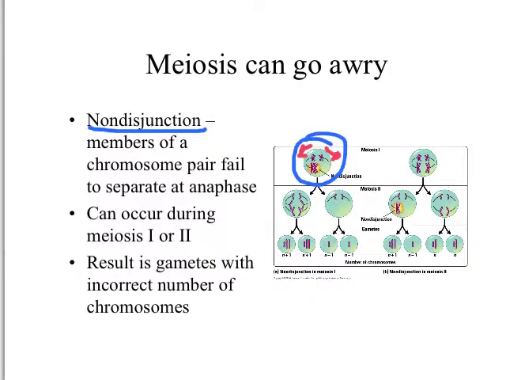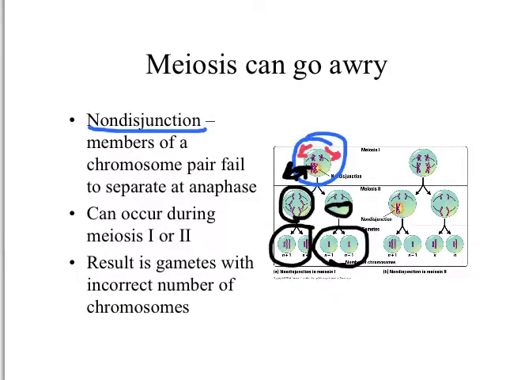But if we take a look at this one, both of these pairs are going to one side of the cell. So we're going to get a double pair in this cell and a missing one in the other cell. So we're going to end up with minus 1 chromosome in this cell and 3 chromosomes in that cell. So that obviously is incorrect.